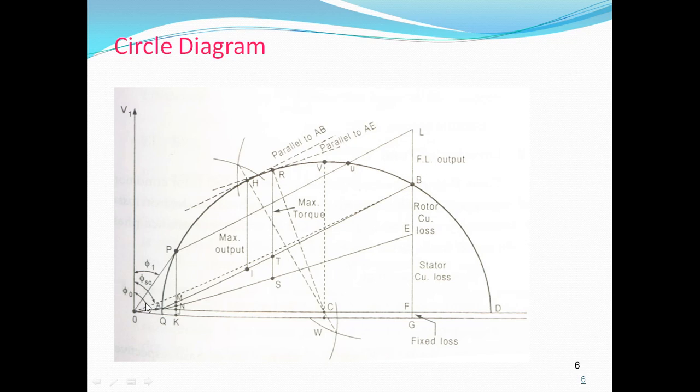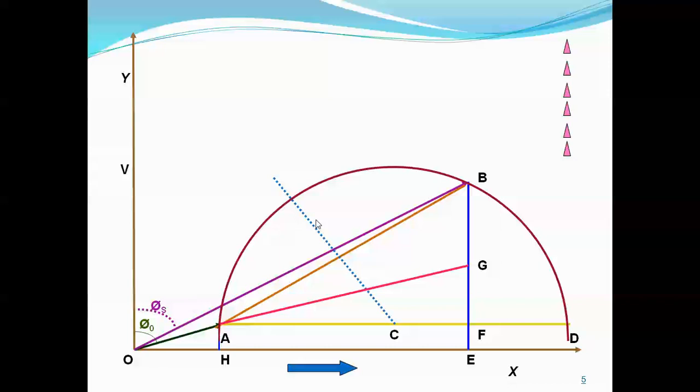So OA at an angle of phi naught, OB at an angle of phi s. This is the complete circle diagram, so that we can find the required values. So we have drawn the circle diagram up to here, and now the circle diagram is over.